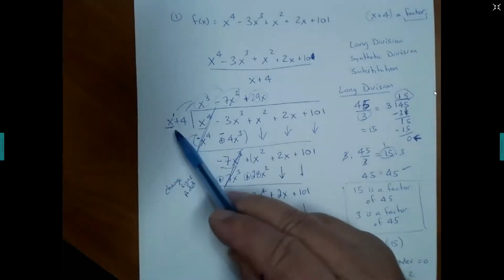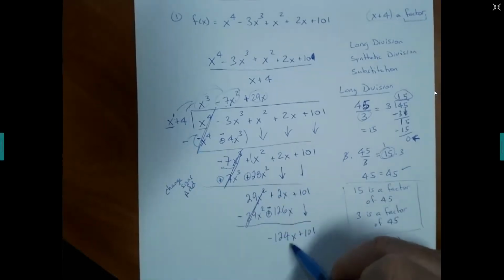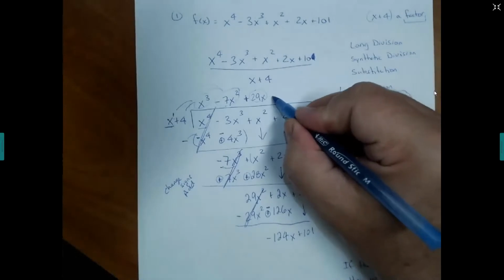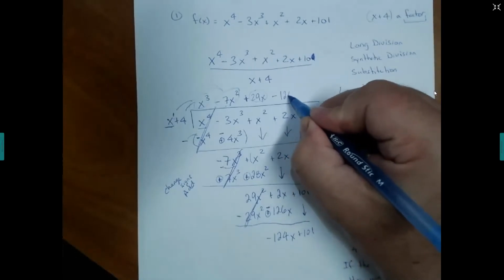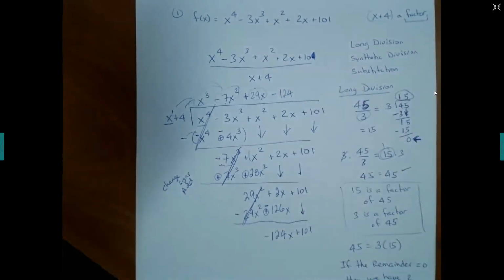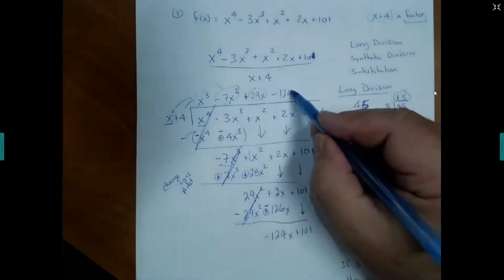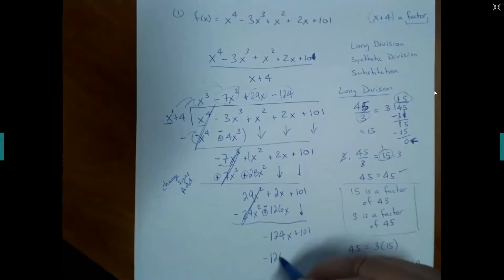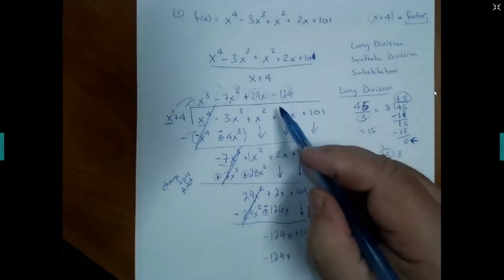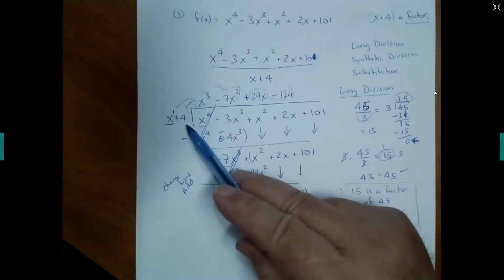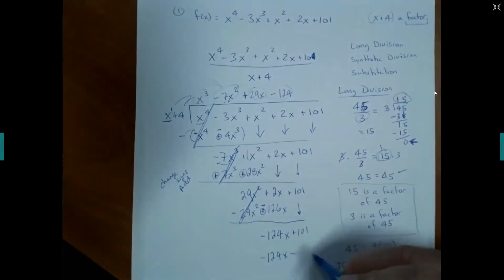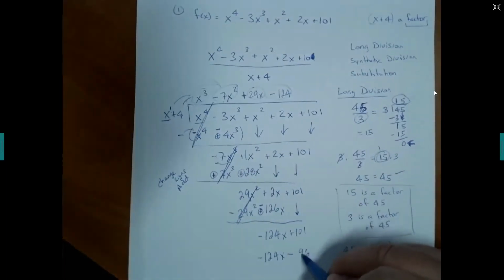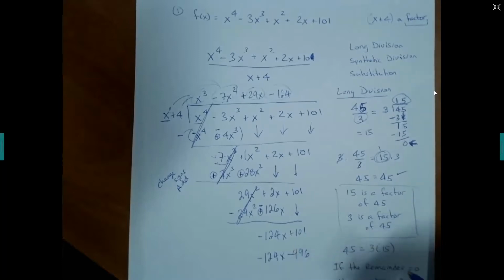Repeat the process. What times x gives us negative 124x? Minus 124. So minus 124 times x is minus 124x. Minus 124 times positive 4 is negative 496.